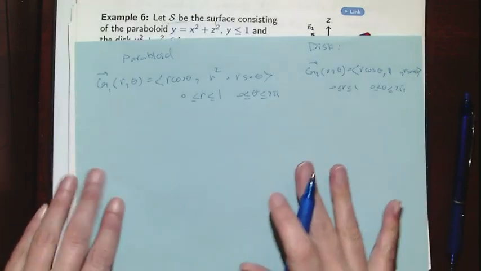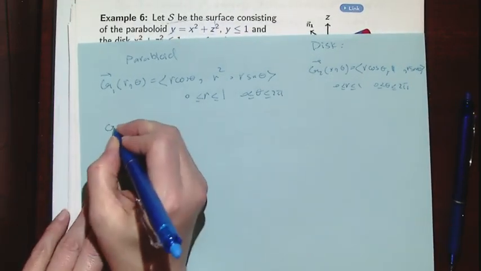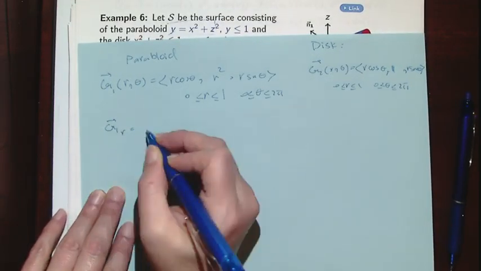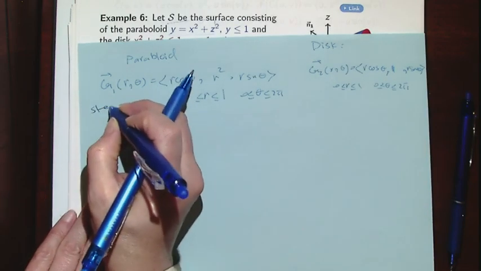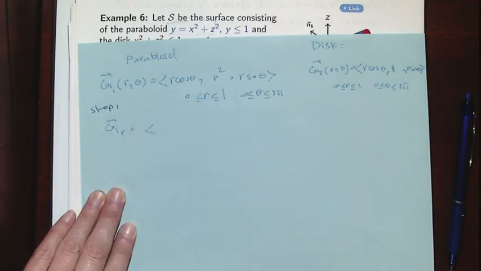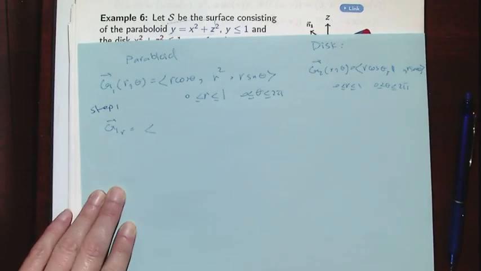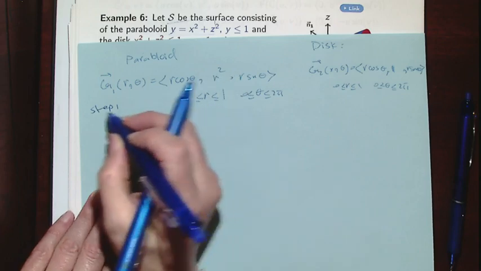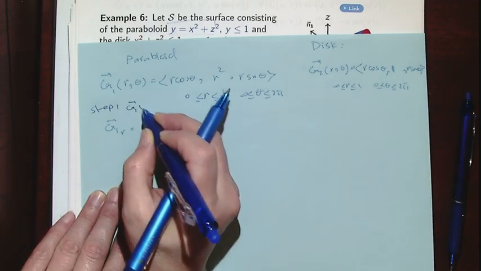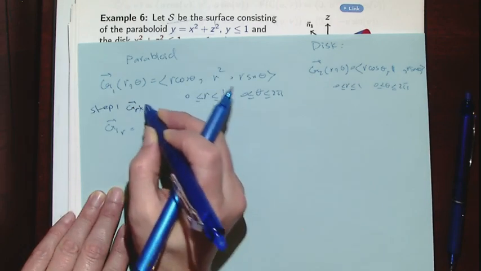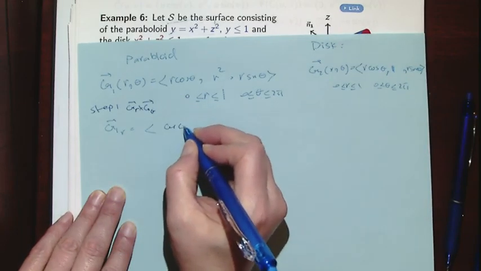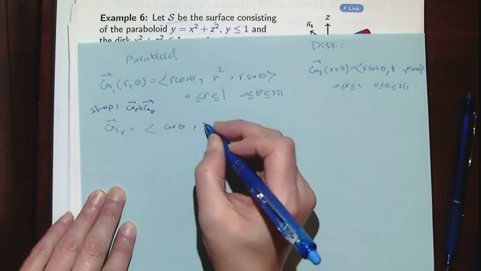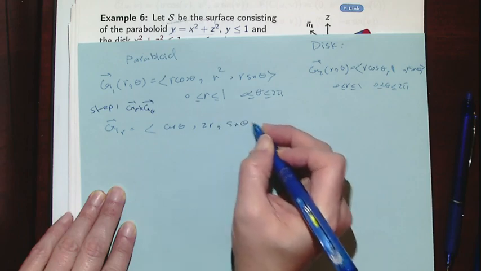Now let's compute everything. I'm going to do G1 sub r, which is what? So step 1 is what? I'm going to do G sub r cross G sub theta. For the first one, G1 sub r is cosine theta, 2r, sine theta.